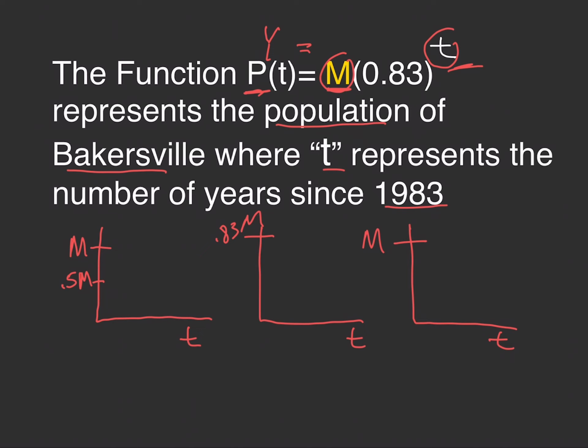We know that it starts at M, the y-intercept is M, but maybe they make that graph go up. But you can rule that out because this is less than 1, so it's decay, so I'm getting rid of that. Now maybe they put it here and then do decay, but that's not what the y-intercept is. It is straight out M in this problem. We don't know what it is, but don't let that freak you out. What we do know is that it starts at M and it decays, okay? So knowing how these work, you'll be able to get that one.